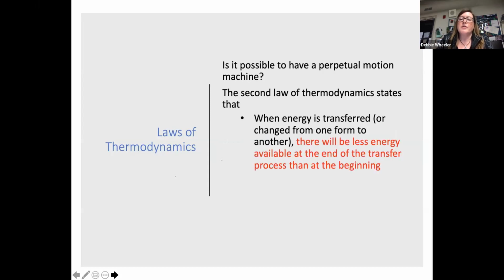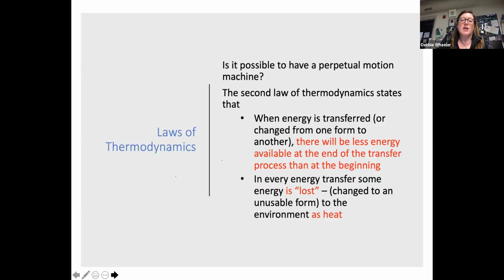The second law of thermodynamics states when energy is transferred or changed from one form to another, there's always going to be less energy available at the end of the transfer than at the beginning. Okay, always going to be less energy available. And we say that that energy is lost. It's not really lost, but just changed to an unusable form like heat.